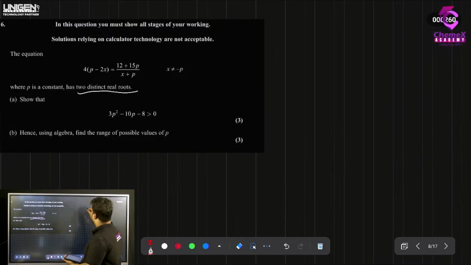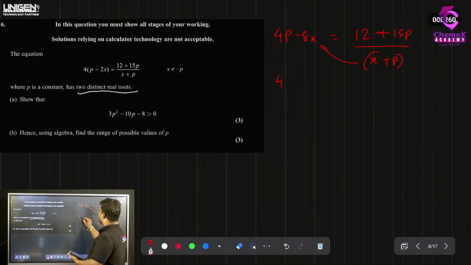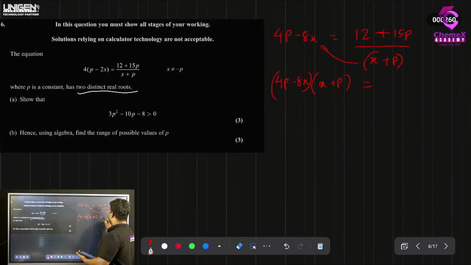Alright, so let's start doing it. 4p minus 8x, I just expanded, over 12 plus 15p over x plus p. So let's take this x plus p to the other side as multiplication: 4p minus 8x times x plus p equals 12 plus 15p.